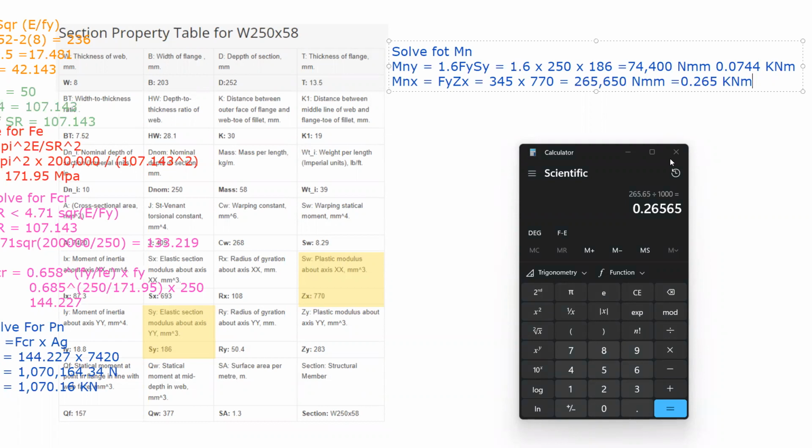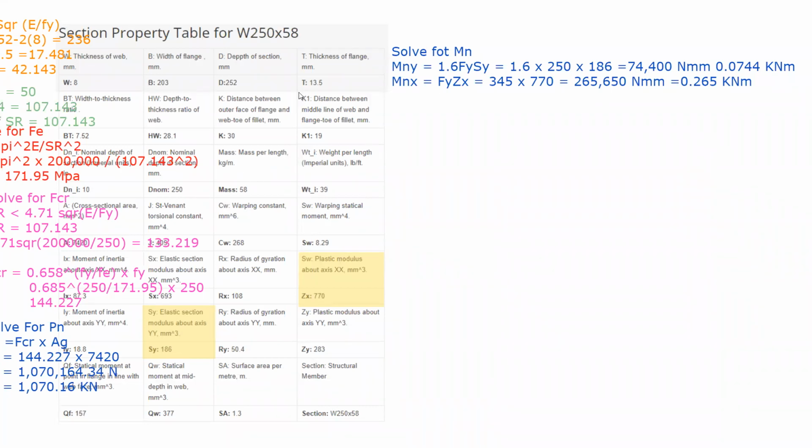And then let's check for your LP and LR. So for LP and LR, direct substitution lang yan. Hanapin mo lang yung values dito. And then, tapos na tayo.